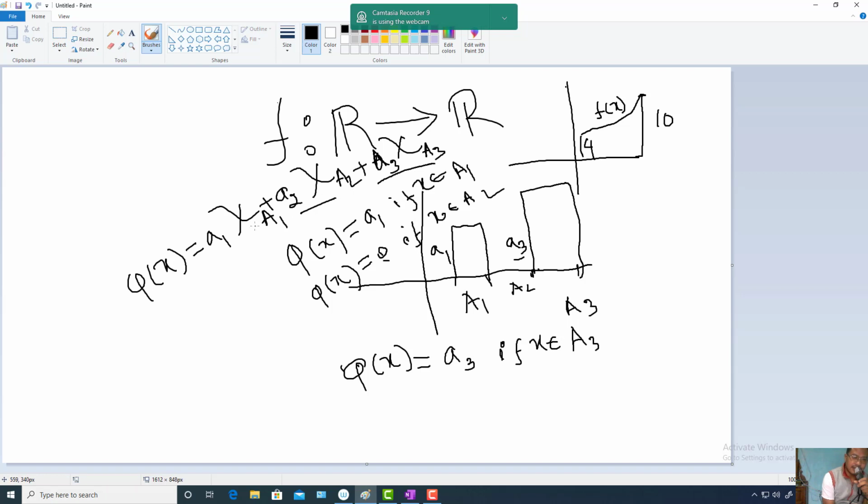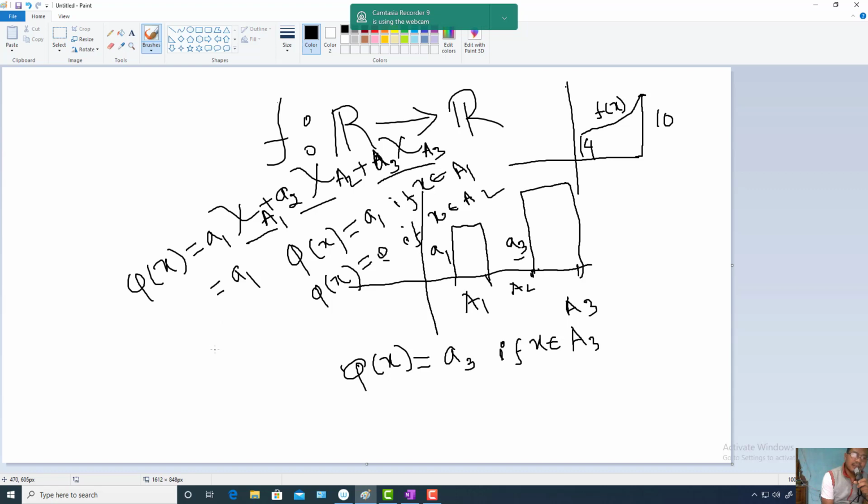Chi A1 of x will be 1 by the characteristic function definition, since x is a member of A1. So this is 1 and the rest are 0. The value of the function is a1, so the definition is okay: if x belongs to A1, phi x is equal to a1.